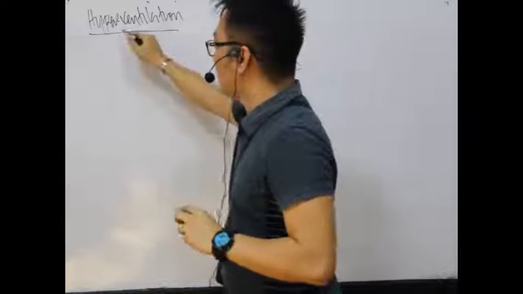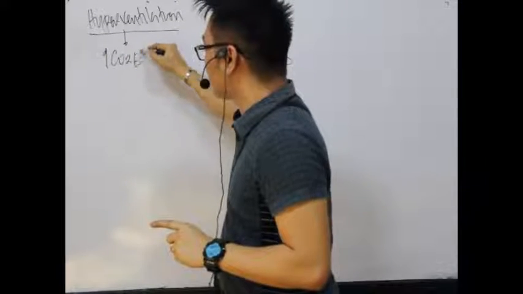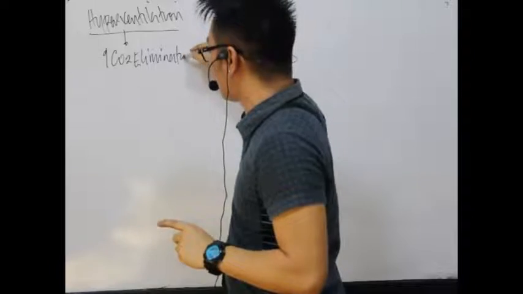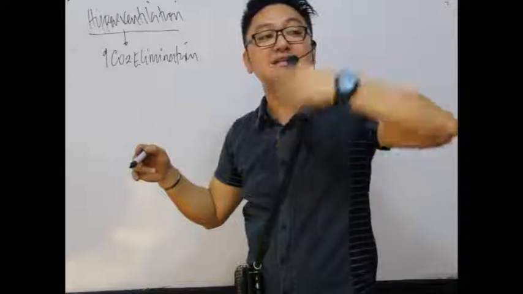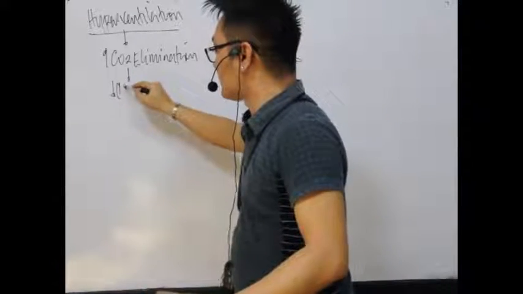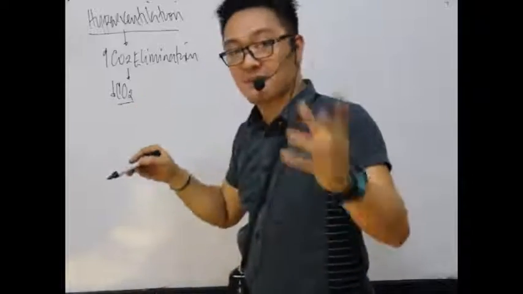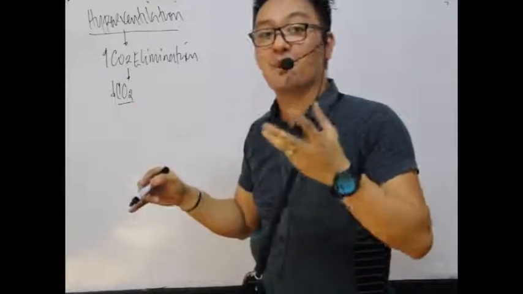There is release of too much carbon dioxide, right? So hyperventilation can lead to increased carbon dioxide elimination. That is why, if there's too much carbon dioxide released because of hyperventilation, carbon dioxide in the body, of course, decreases. And remember I said, a decrease in carbon dioxide is what we call hypocapnia.